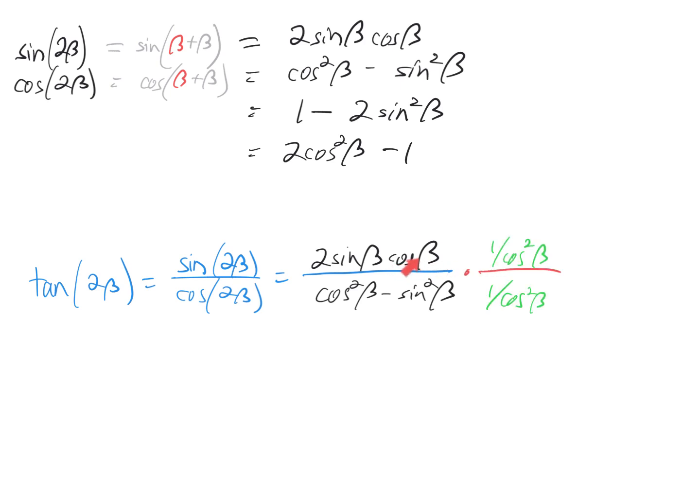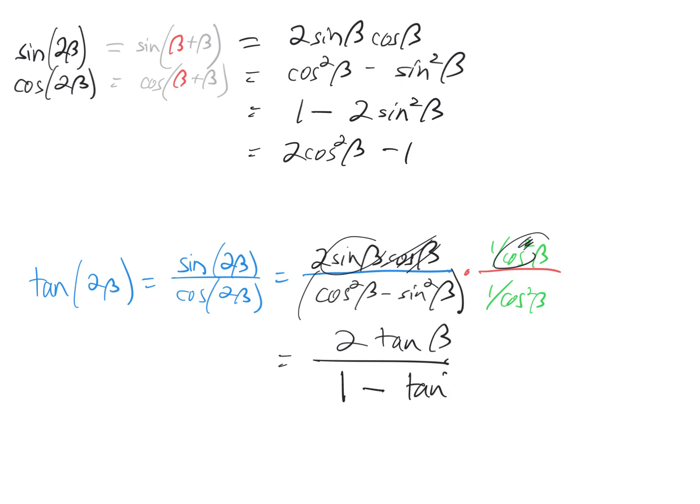This cosine cancels out with one of those cosines, leaving us with sine over cosine, or in other words, tangent of beta. In the denominator, we have to distribute, so multiply by the first term, we get 1, and multiply by the second term, we get tangent squared. And there is our double angle identity for tangent.